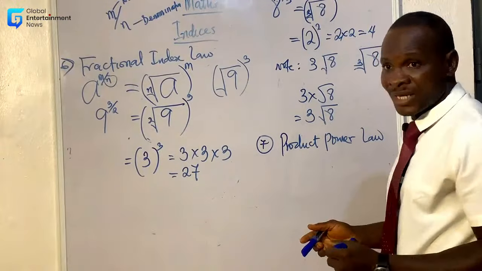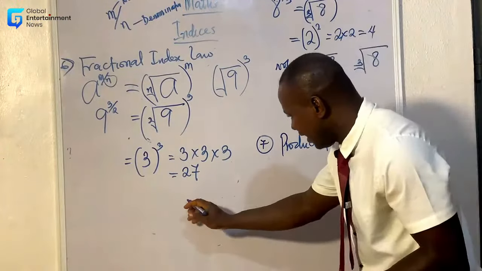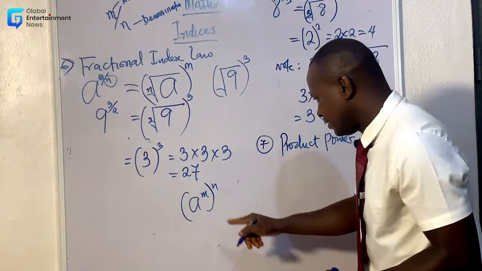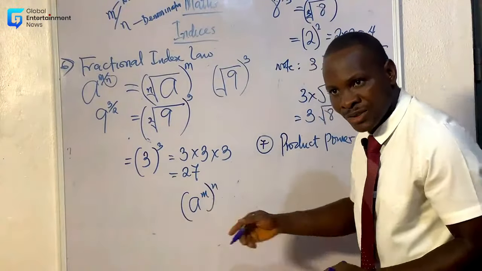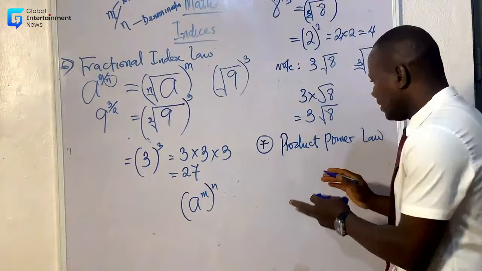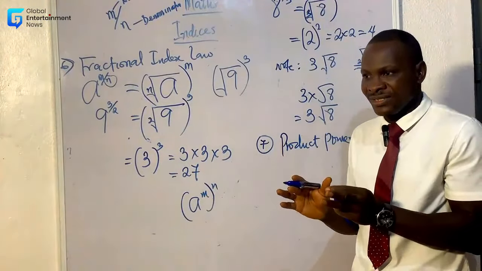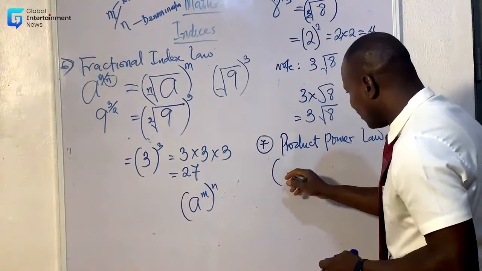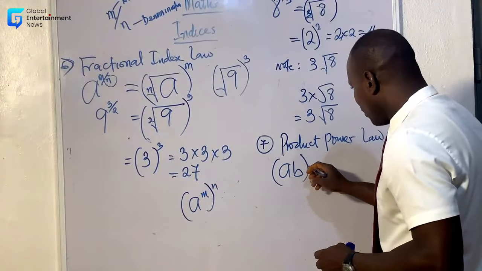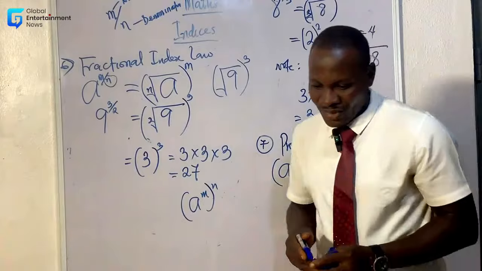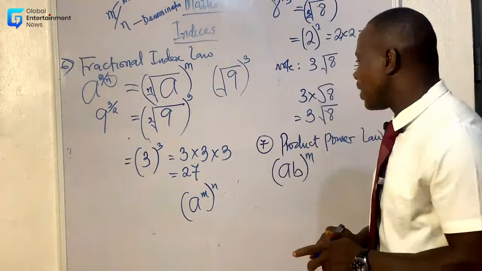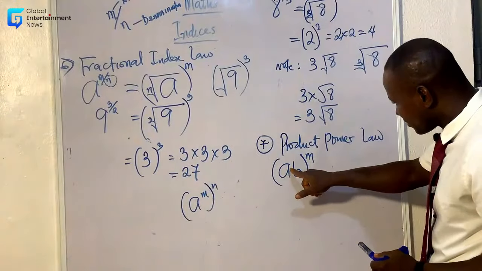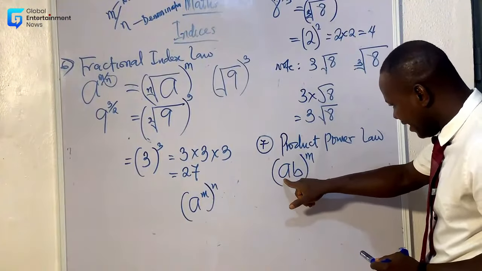If you remember, when we were talking about the power law, I said a raised to power m, all raised to power n, which means we multiply the two powers together. But when looking at this, it's going to be a product inside the bracket. For instance, if we have (ab) raised to power m, there is a product between this a and b.